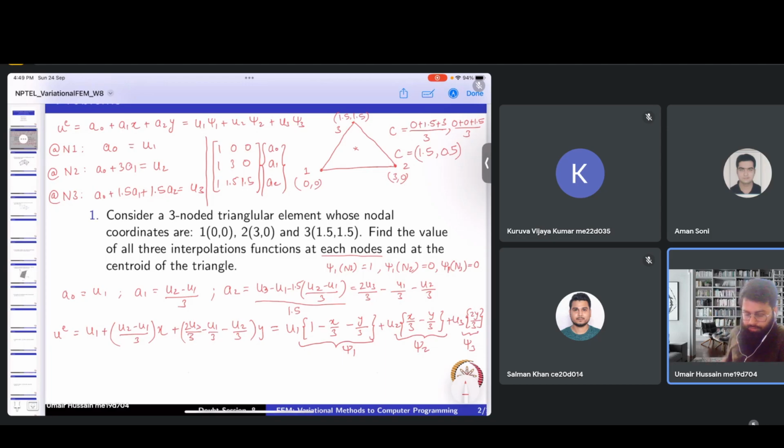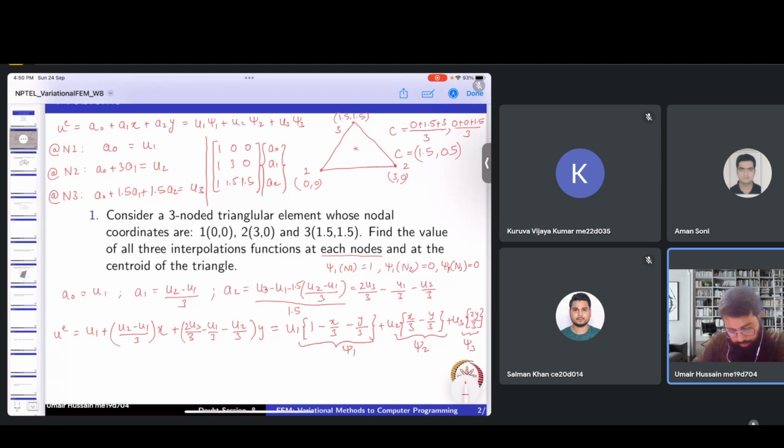So psi 1 at node 1 is fine. Psi 1 at 2 is also fine. Psi 1 at 3 is 1.5 by 3 minus 1.5 by 3, it is 1 minus 1. This is also correct, right? Psi 1 is satisfying for all three nodes.